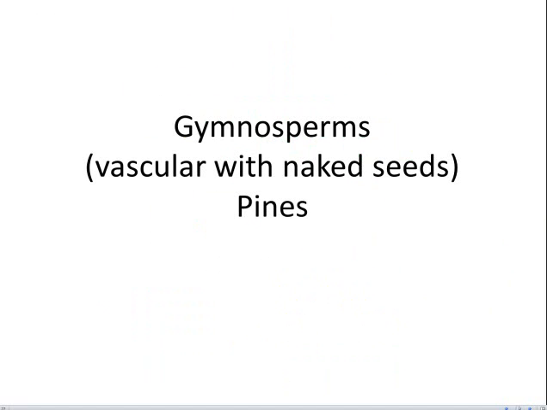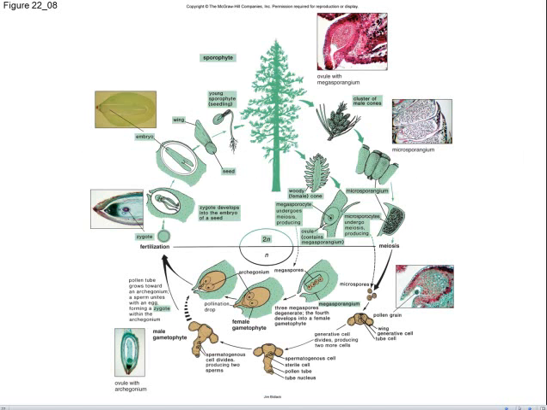We're going to now look at one gymnosperm, but it will be representative of all gymnosperms. And so this is group 3, vascular with naked seeds. We have vascular, and we have seeds now, but they're uncovered or naked seeds. No what? No fruit. Okay, our pine tree will be our representative here. And what do we see? We have not studied pine trees in detail yet.